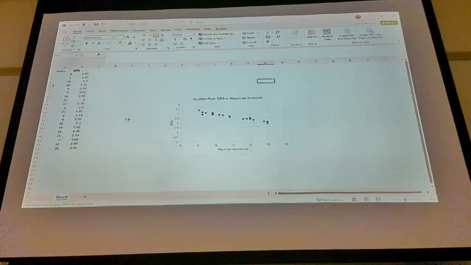So I have a question. How do you determine if it is positive, linear, negative, or that's not it, just from the plot itself? So first, look at it. Does it look like it's linear?